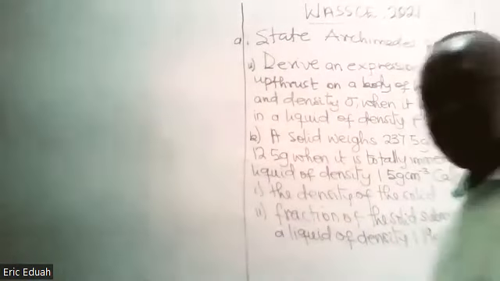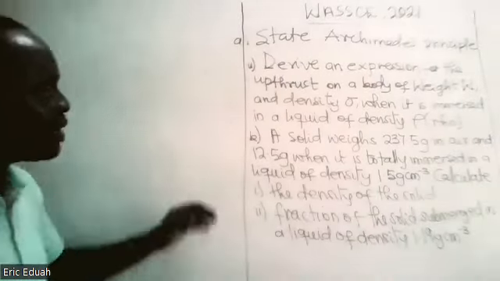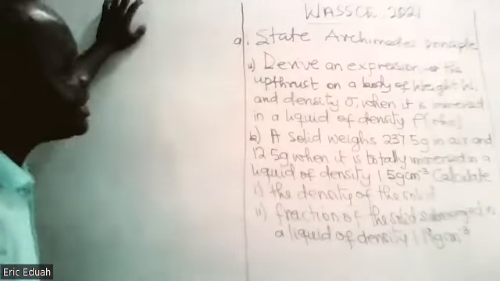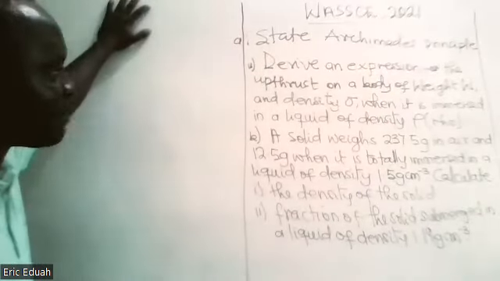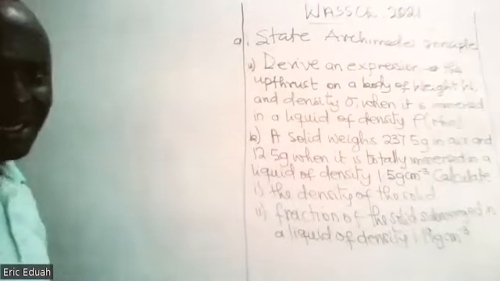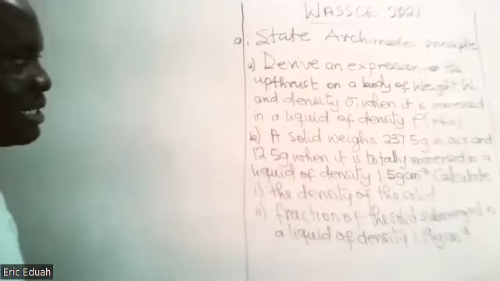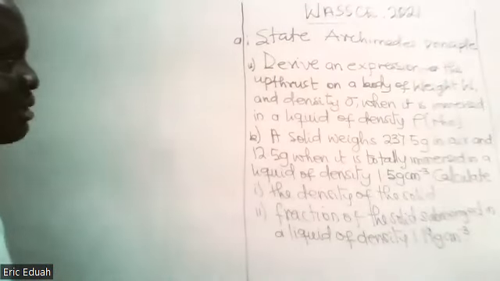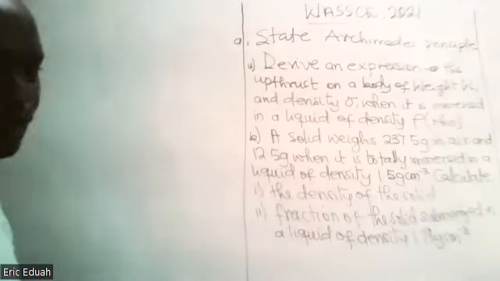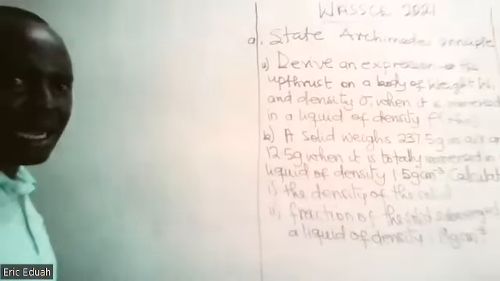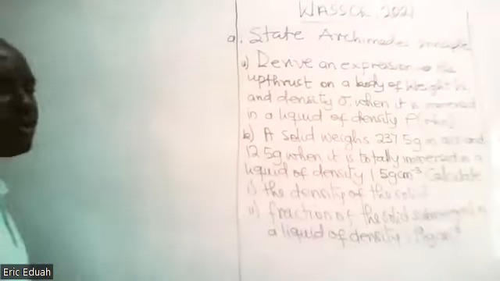All right. Then B, part two. Derive an expression for the upthrust on a body of weight W and density sigma when it is immersed in a liquid of density rho. So let's take the details as given in the question concerning the body.